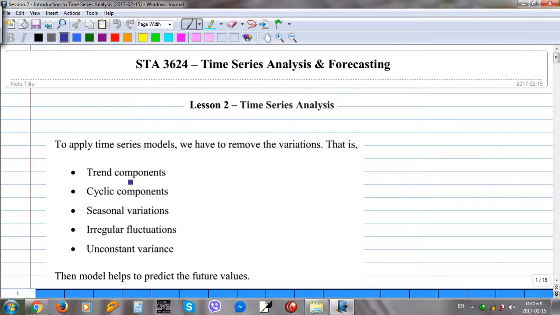We discussed in the previous lesson that the trend components, cyclic components, seasonal variation, irregular fluctuations and non-constant variances we have to remove. Then only we can apply the time series models, which help to predict the future values. So before applying the time series models, we have to remove these variations first.